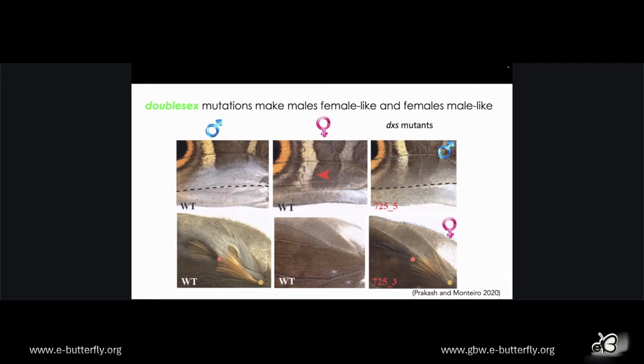So in this case, the default program for these butterflies is to produce hair pencils in both sexes. That's the default genetic program written in the DNA of the species. The default program says produce these hair pencils in both males and females, but females don't need these hair pencils.